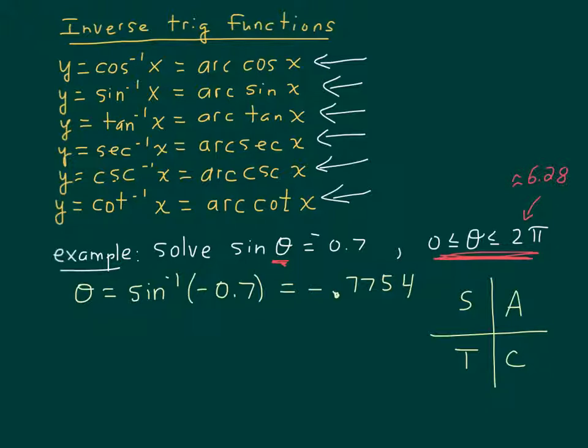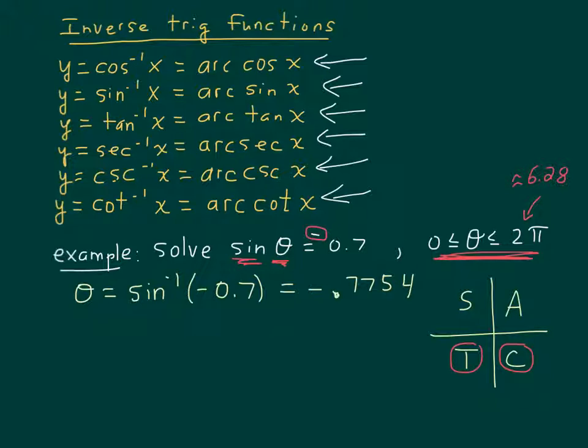So notice that we're dealing with a negative number. Since we're talking about sine, we need to be aware of which quadrants sine is negative in. Well, sine is negative down here in our 3rd and 4th quadrants.